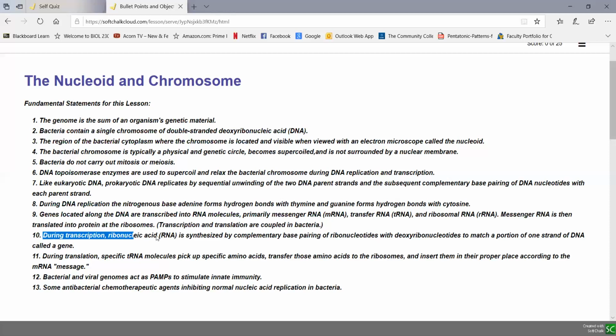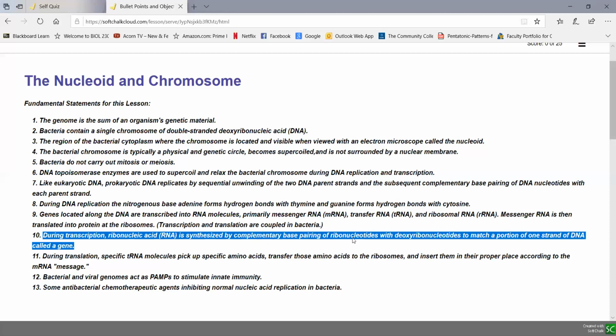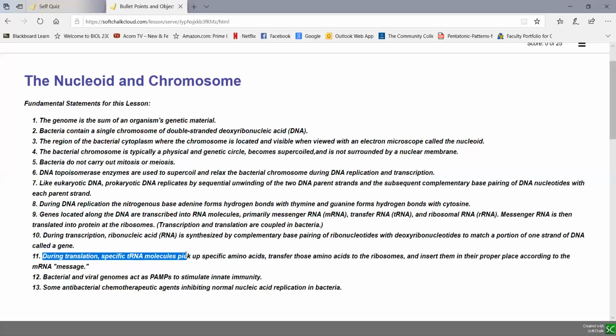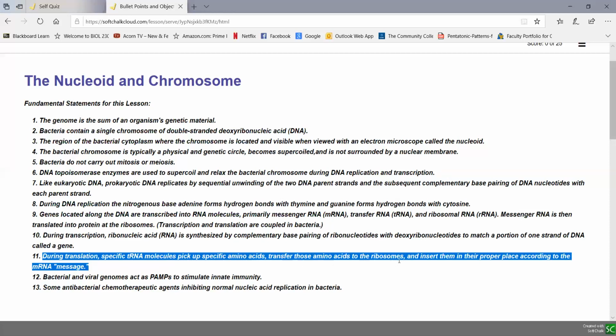During transcription, ribonucleic acid is synthesized by complementary base pairing of ribonucleotides with deoxyribonucleotides to match a portion of one strand of DNA called a gene. During translation, specific transfer RNAs pick up specific amino acids, transfer those amino acids to the ribosomes, and insert them in the proper place according to the messenger RNA message.